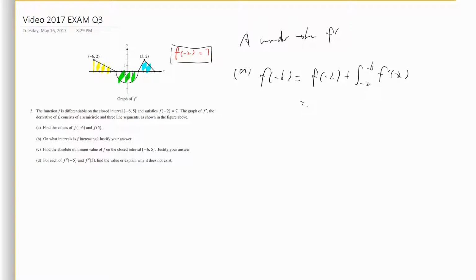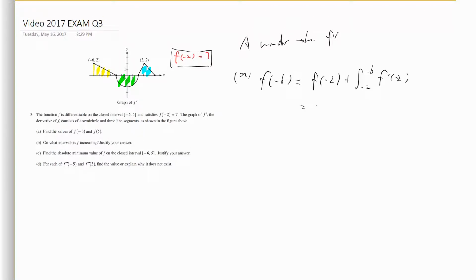And because -2 is greater than -6, we're integrating from a higher number to a lower number, so we can flip the bounds and drop a negative sign in front. So we get f of -2 minus the integral from -6 to -2 of f prime of x.